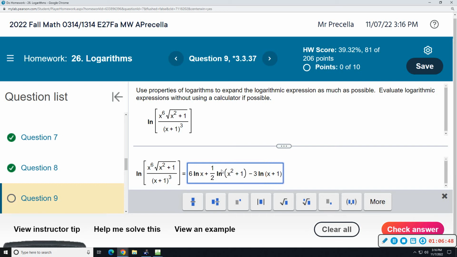Notice how I'm leaving the x squared plus 1 altogether and the x plus 1. You cannot separate those. By that I mean you can't distribute a ln as if it were ln x plus ln 1. No. You separate only at multiplication and division.